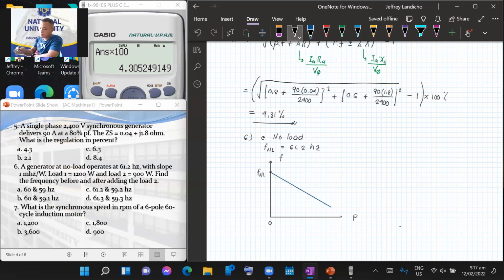So let us consider this as its rated power, and this should be its corresponding frequency at load.